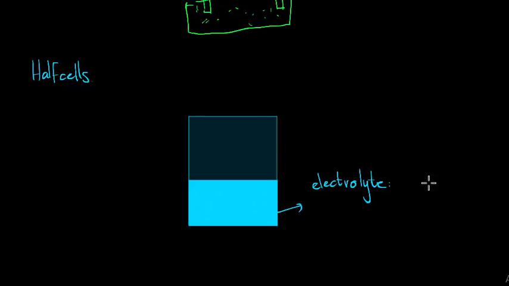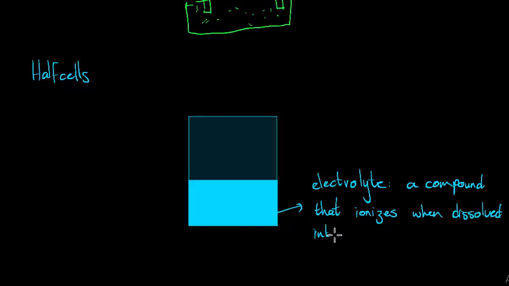An electrolyte is a compound that ionizes when dissolved into an aqueous solution. In other words, what we have here is a solution with ions in it.